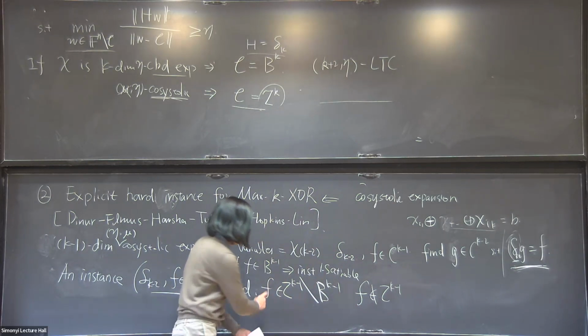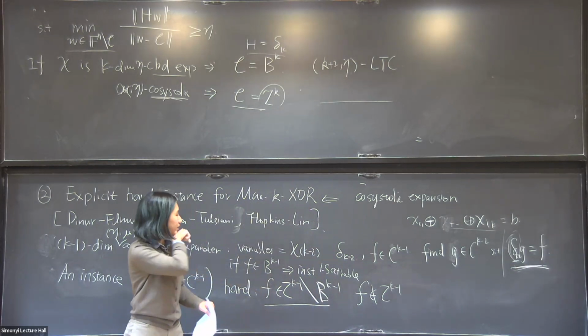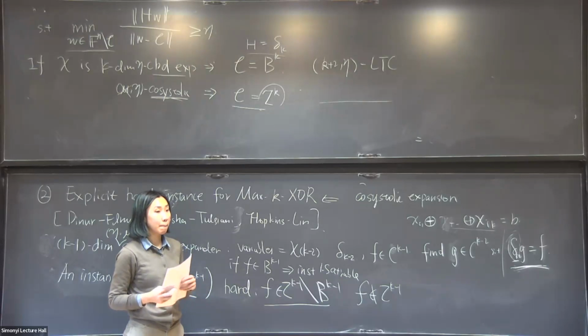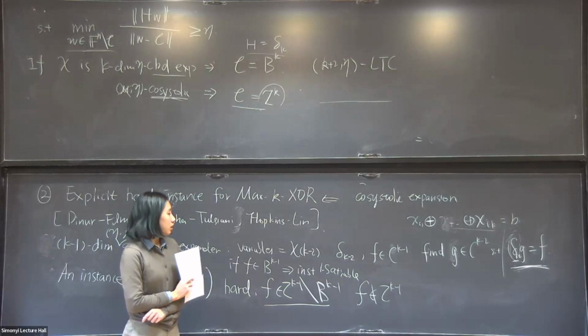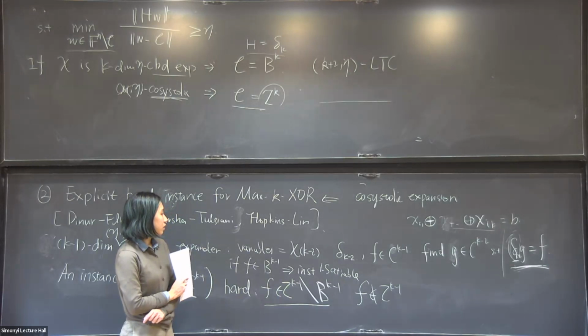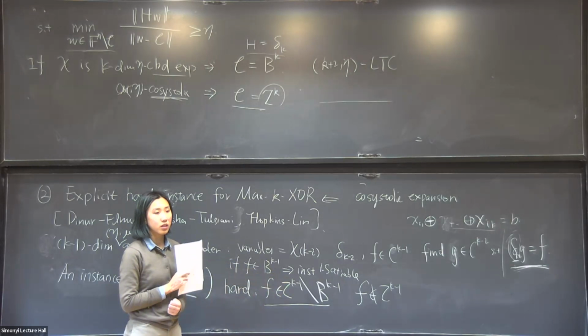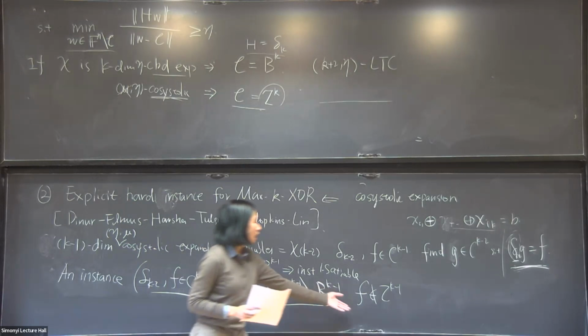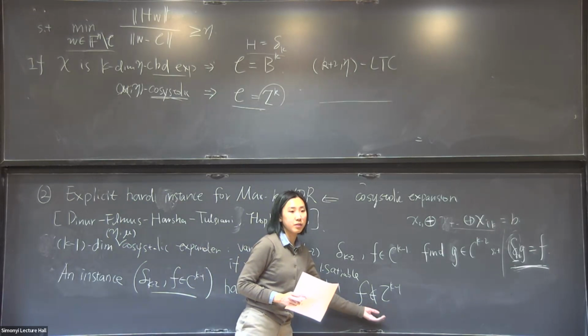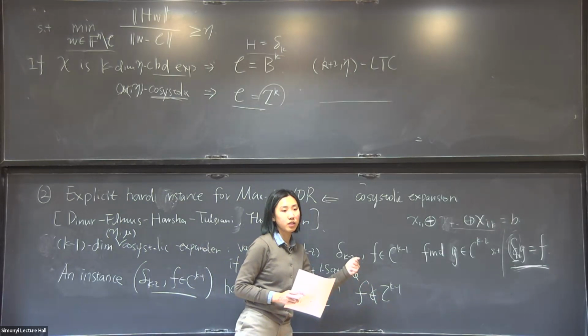Sorry, what are we trying to do? Is this about certification of non-satisfiability? Are we trying to find an algorithm to approximate, a refutation, or are we trying to find a proof that it is far from satisfiable? This is actually a proof that it's far from satisfiable. This is what we're trying to find.